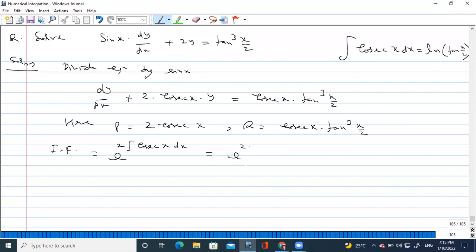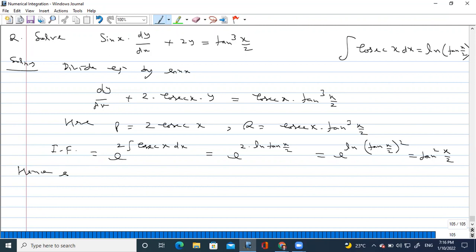You can check it. Okay. So if this 2 will go here, it will become e to the power ln tan x by 2 whole square. So e and ln will go off. So the answer is tan square x by 2. Okay, so this is the integrating factor.